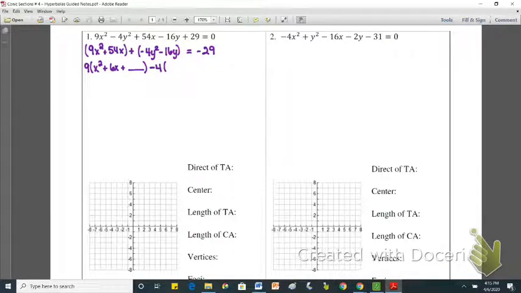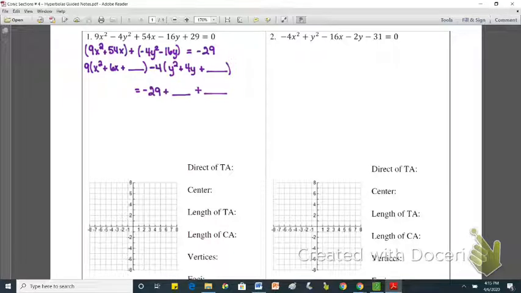So that makes my minus sign. And what's left is y squared plus 4y plus blank, because when I factor out a negative 4, a negative 16 divided by a negative 4 is a positive 4. So on the other side, I have a negative 29 plus blank plus blank.